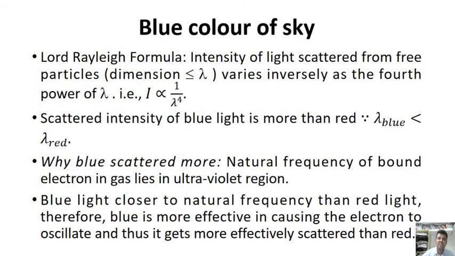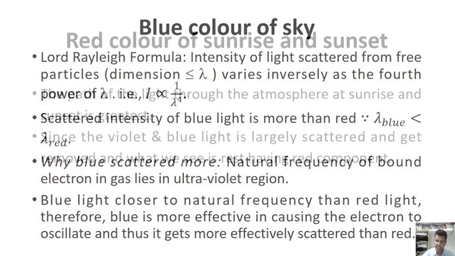Naturally, the frequency of a bound electron in a gas lies in the ultraviolet region. Blue light is closer to the natural frequency than red light. That is the reason blue is more effective in causing the electron to oscillate, and thus it gets scattered more effectively than red.